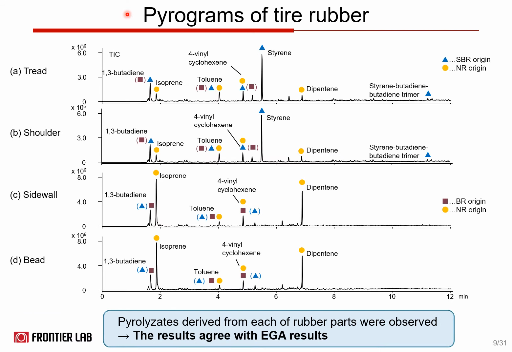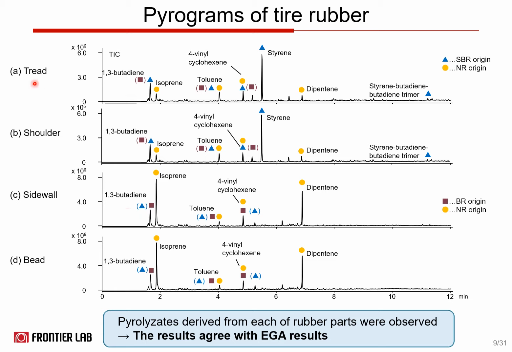The pyrograms of tire lava are shown. Blue triangle indicates pyrolysis derived from SBR, orange dot from NR, and brown square from BR. The symbols in parentheses are pyrolysis products from each lava component, and the EGA results are used to determine whether they are SBR or BR.